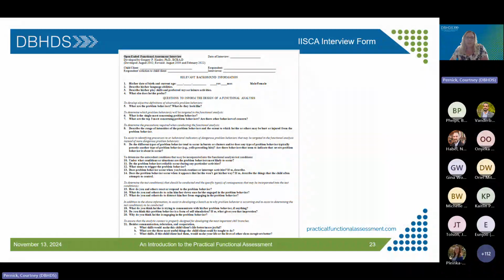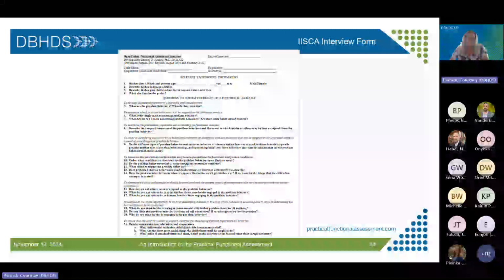This next section will help give an understanding of what the challenging behaviors look like, which ones are of most concern, precautions to consider, and precursor behaviors, so those that happen prior to the more serious behavior, are R2s. These next questions aim to inform the interviewer about antecedents that may trigger problem behavior and the contingencies that maintain the behavior.